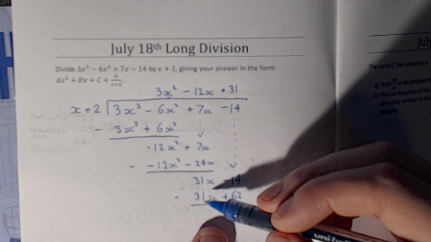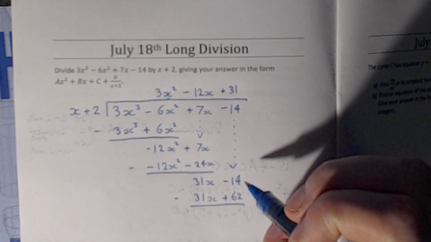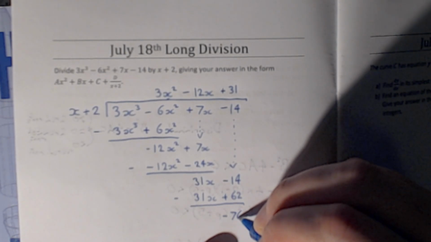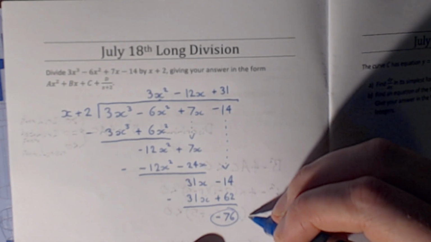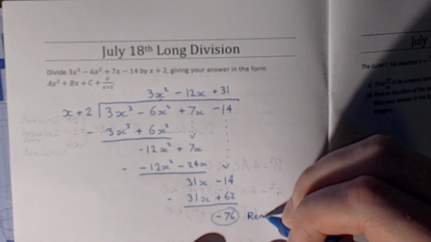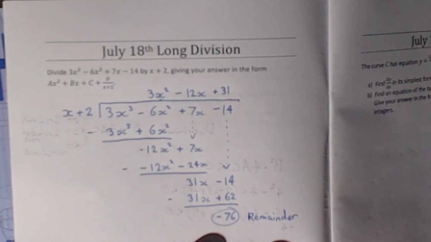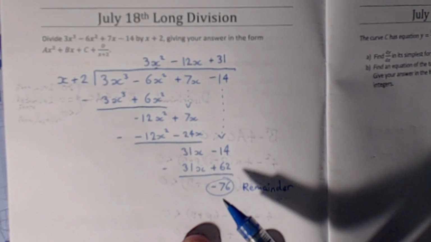Once again, 31 take 31, that's 0. Negative 14 take 62, that's going to be negative 76. And this is our remainder. So when we complete this division, we're left with negative 76.